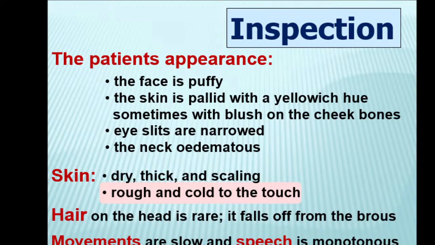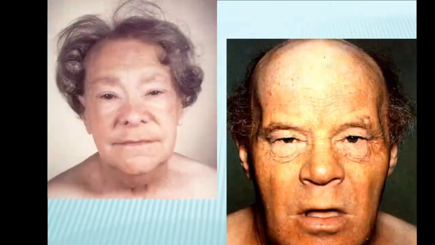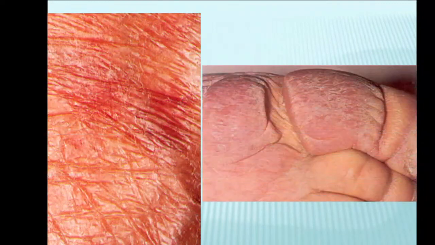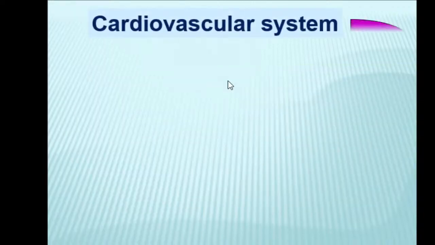In contrast to the thyrotoxic patient, the patient with hypothyroidism is slow, his speech is monotonous, uninterested, he only answers your questions yes, no, slowly without any interest. You see a patient with hypothyroidism. Skin is rough, thick, like elephant skin.